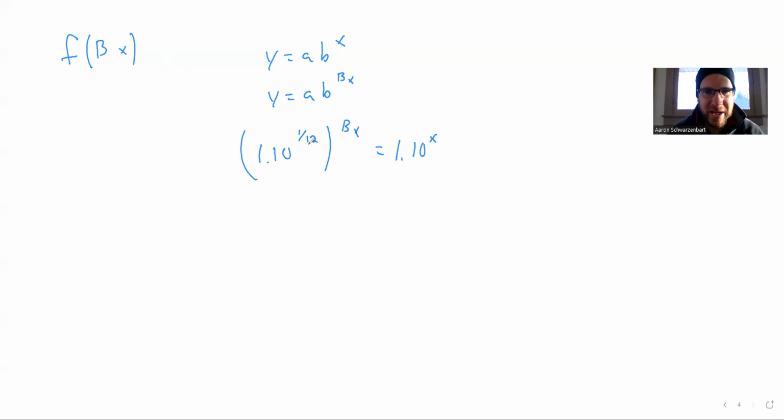So I know from my exponent rules, which we reviewed a little bit ago in the video from Monday, that I simply multiply my exponents. So that makes this 1/12 times Bx, or Bx over 12. And if I want to solve for B, since my two bases are 1.1 and they are equal, my exponents must be equal.